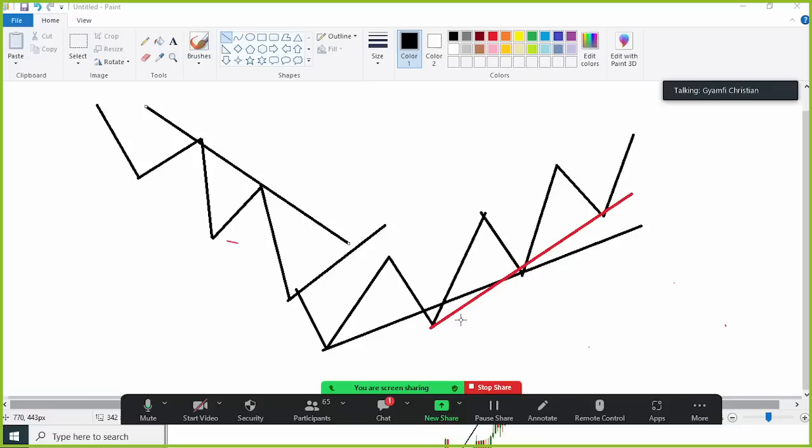Dynamic resistance is another term we have here. And with this dynamic resistance, it's an area or areas where markets can pull back into without needing to be at a horizontal level of support or resistance.